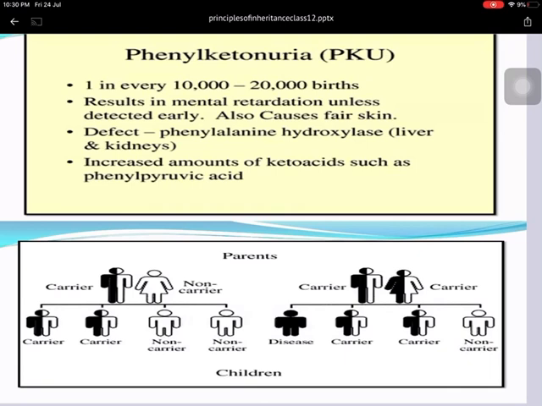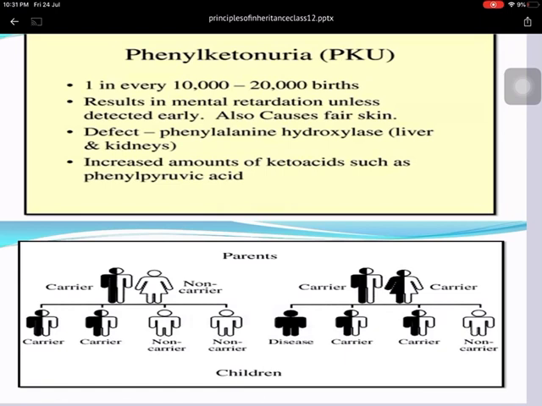If not detected early, it also causes fair skin. What is the defect? Phenylalanine hydroxylase. Defects in the liver and kidney also. Increased amount of keto acids such as phenylpyruvic acid in the brain. And here you try to see what happens in this disease.